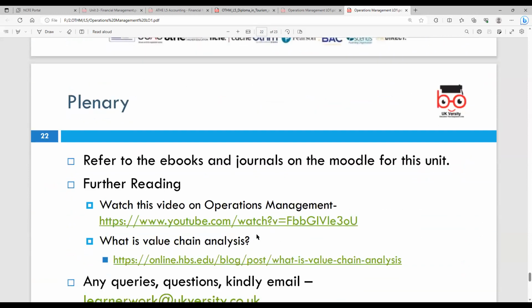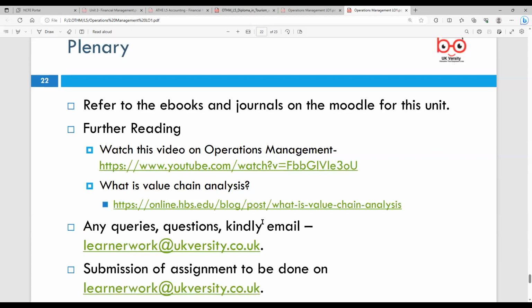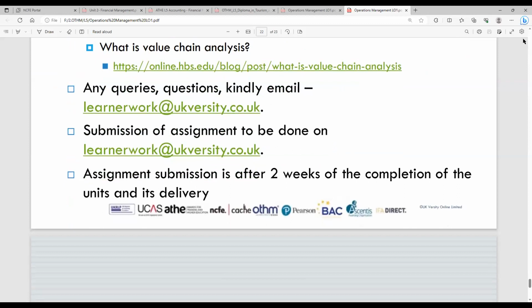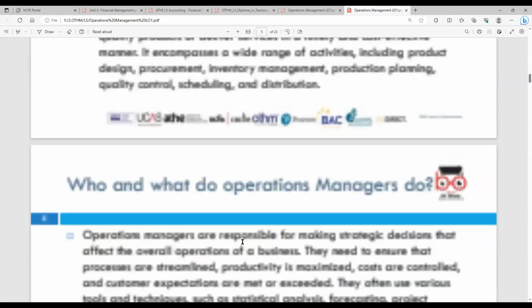You can look at the e-books and journals in Moodle, and you can watch different videos on YouTube about operations management. One of the resources is the online resource on value chain analysis. You can look up what a value chain is, what we mean by value chain analysis, and they can be very helpful in looking at operations management. You can also look up different techniques of operations management. If you read, that'll be good for you, and it will give you more insight into operations management.